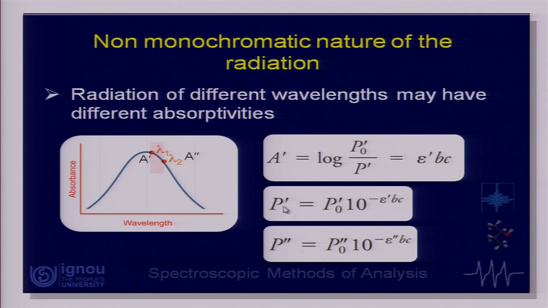P prime is the intensity of radiation at wavelength lambda 1, P double prime is that at lambda 2. Suppose I am just taking the example of two radiations; if there are many of them, each one will have its own P values, P prime, P double prime, P triple prime, and so on and so forth.